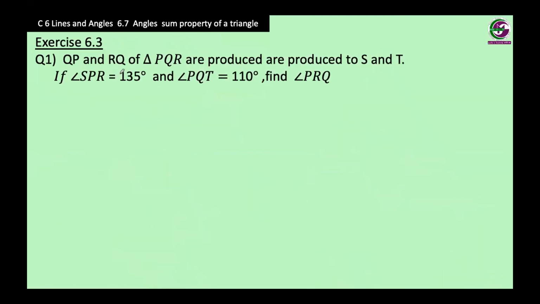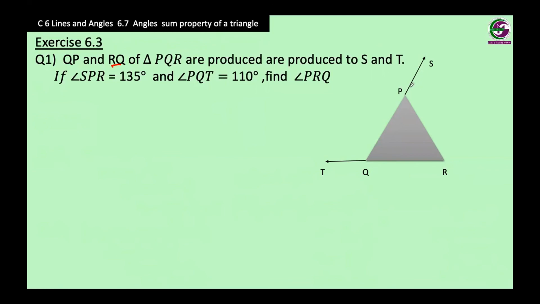6.3, question 1. Here we are given a triangle PQR, and they said QP and RQ are extended to S and T. So QP is extended to S and RQ is extended to T to form SPR.